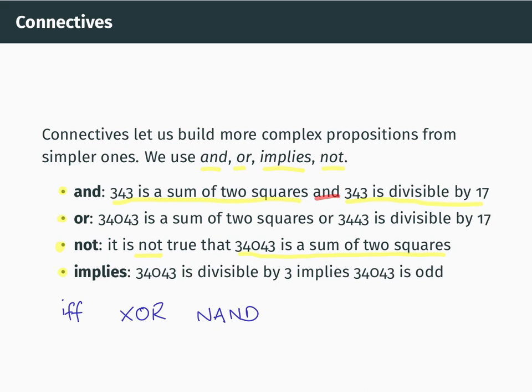Now, those connectives exist, but we're not going to be particularly interested in them in the main part of 0005. One of the good reasons why we won't focus on them is that you can actually express these connectives in terms of the simpler connectives and, or, implies, and not. And in fact, you don't even need all four of those connectives, as we're going to see later on in 0005.